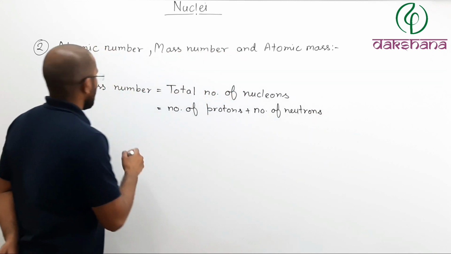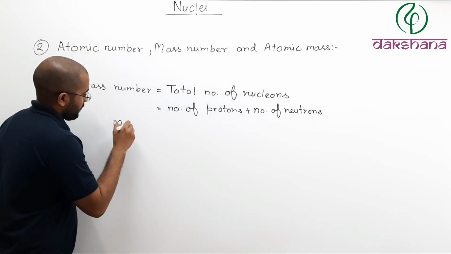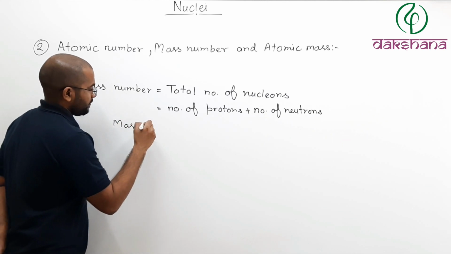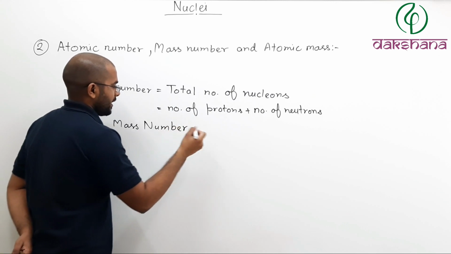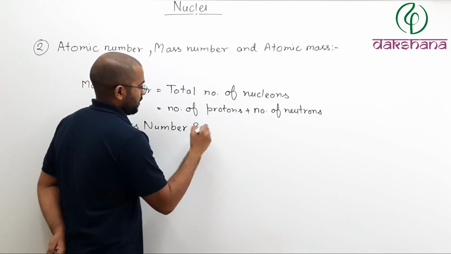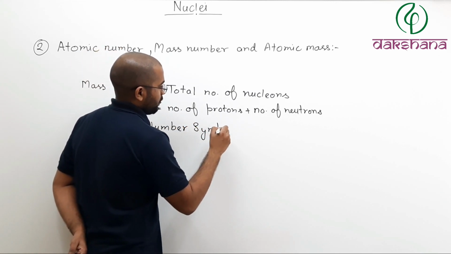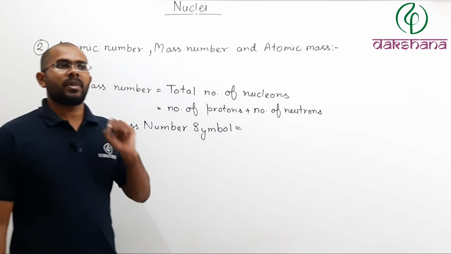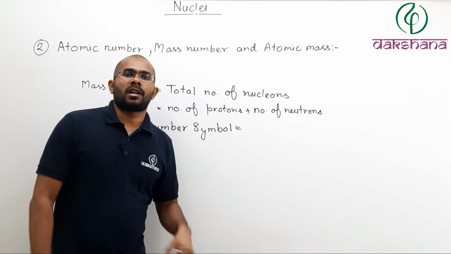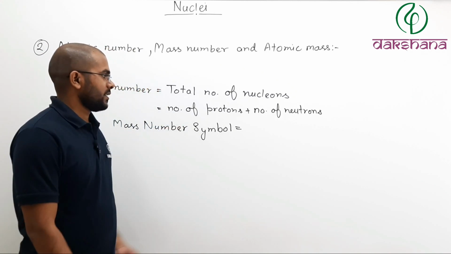Now, what is the symbol of mass number? We have already used this in order to find the radius of a nucleus. Radius of the nucleus depends upon what? Mass number. Remember, radius of the nucleus depends upon mass number, not atomic number, for the same element.